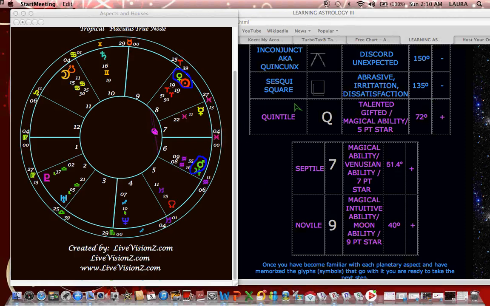I hope you were able to figure out how we look at a chart and how we find the aspects. If you decide to take the class, we're going to go into all of these in depth, where I'm going to go through your whole charts with you, and us as a class will be doing each other's charts and discussing the meanings of some of these planets in the signs too.